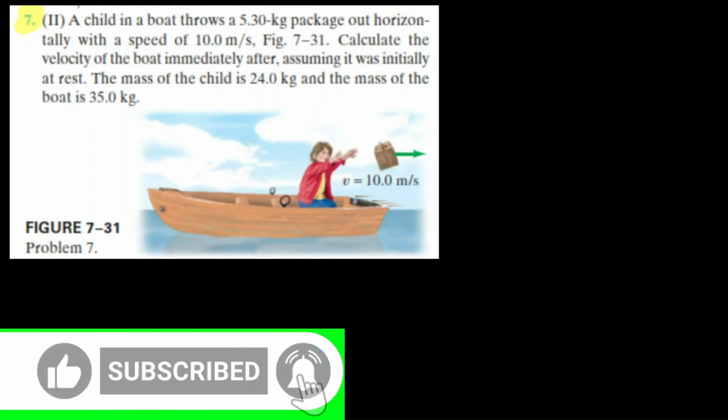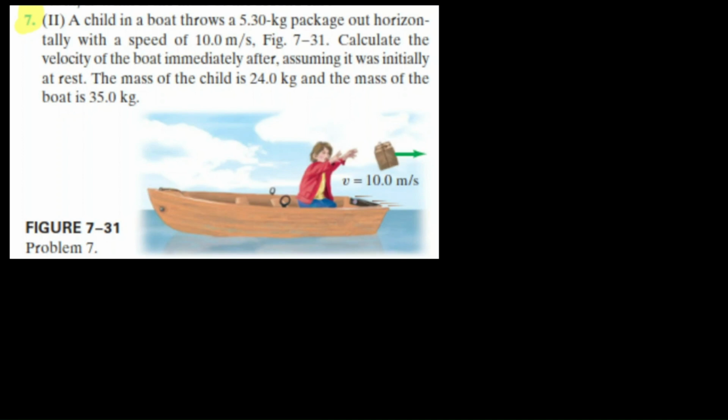Okay, let's see. There's the unknown. I feel like the P initial is the 5.3 plus 24 plus 35 as one main body, and then P final is the 10 moving that way and you moving the other way.